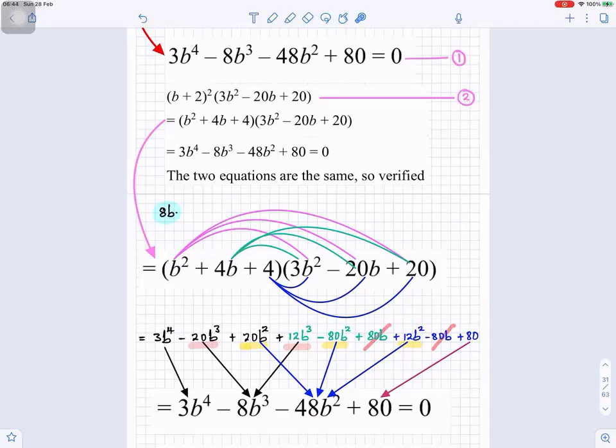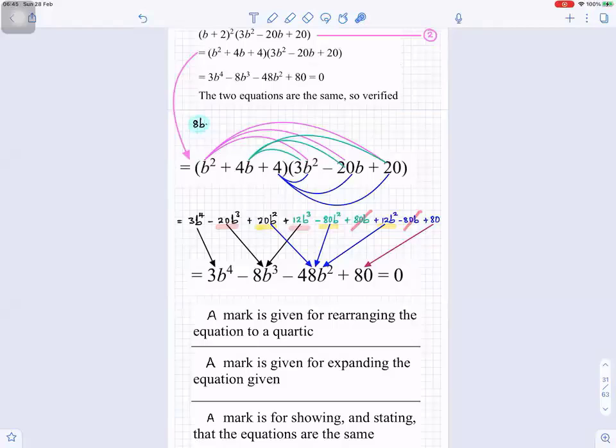After that, you can compare and you can see that the 3b^4, 8b cubed, 48b squared, 80 and the 0 are the same. So you have shown that they're equal. What you have done is changed the answer to a new form so that you can compare them. It's quicker and easier that way.